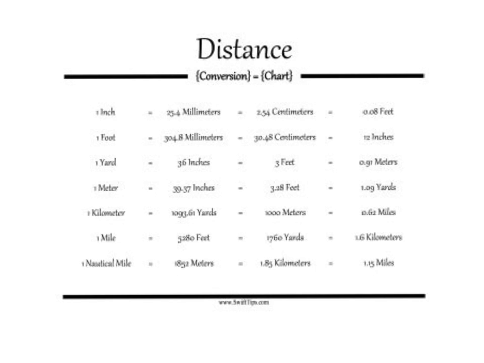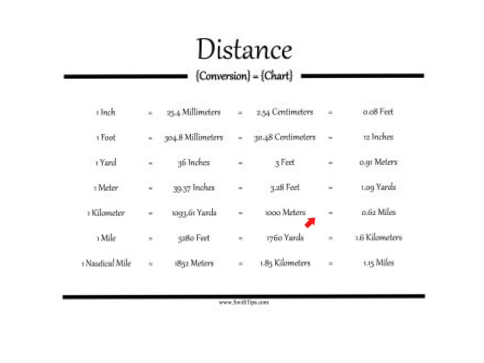So this chart shows you what something on one side equals on the other side. 1 inch, and then it shows the millimeters and centimeters and what that equals in feet. 1 foot shows what it would be in millimeters, centimeters. 1 foot obviously is 12 inches. 1 yard is equal to 36 inches or 3 feet, or a certain number of meters. 1 meter, we have inches, we have what it equals in feet, and yards.